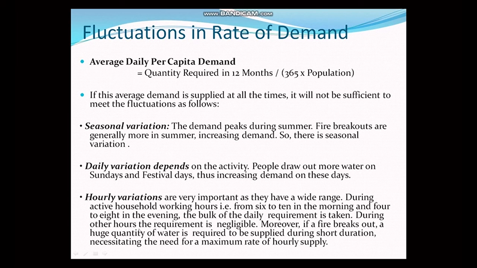During other hours, the requirement is negligible or not that much. Moreover, if a fire breaks out, a huge quantity of water is required to be supplied during a very short time, necessitating the need for a maximum rate of hourly supply.